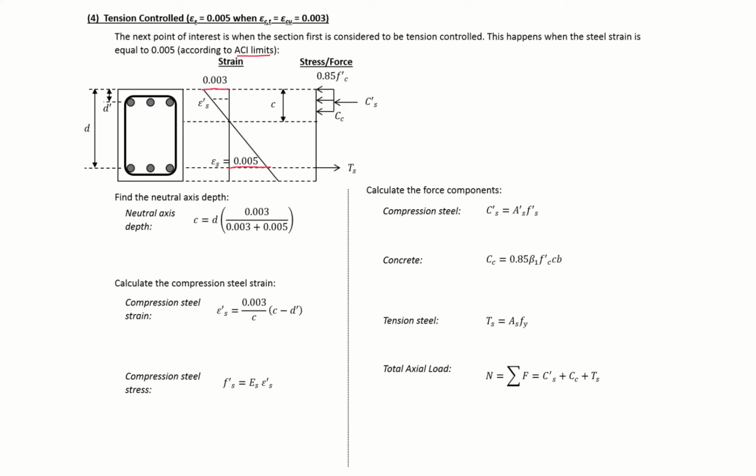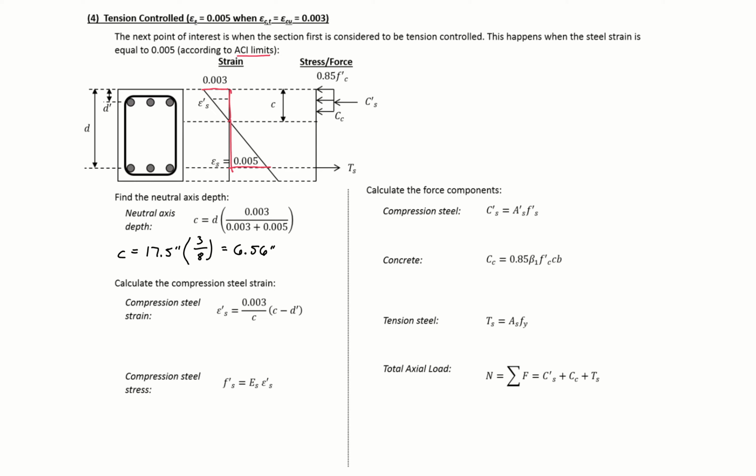So using similar triangles again, and a linear strain profile across the depth of the section, we can find our C. So our C is just going to be equal to 17.5 times 0.003 over 0.003 plus 0.005, which will be 3/8. So we'll get a C here of 6.56 inches.